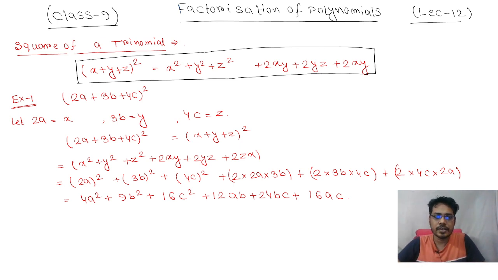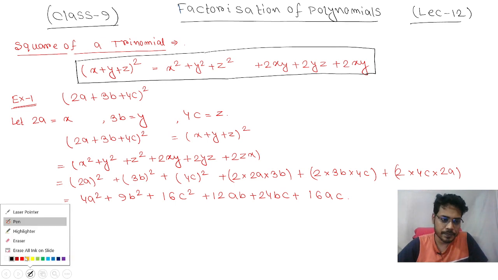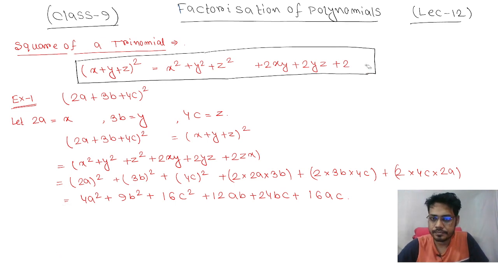If you square it, it will be x square plus y square plus z square plus 2xy plus 2yz plus 2xz. Now the formula is x square plus y square plus z square plus 2xy plus 2yz plus 2zx.